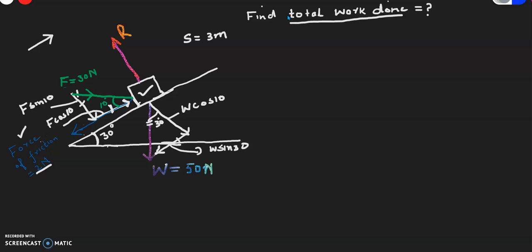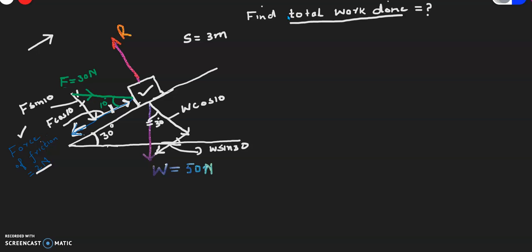So we need to find out the work done by this force as well. And similarly, we will have to find out the work done by the force of friction, because it is also in line with the motion, although it is resisting the motion.